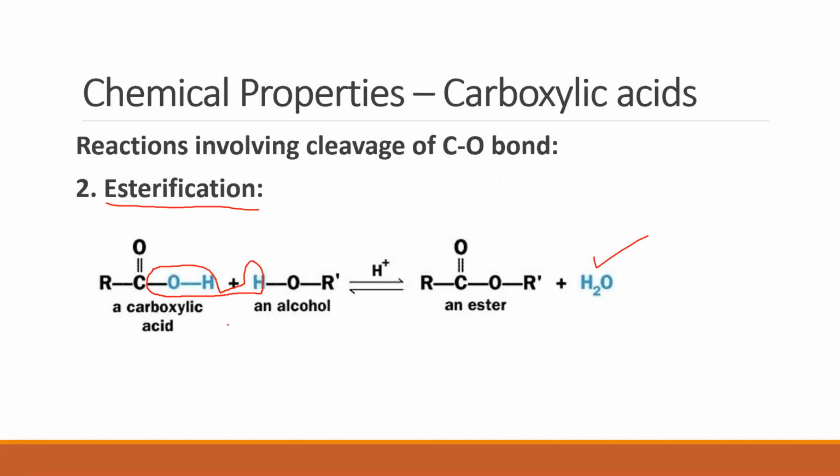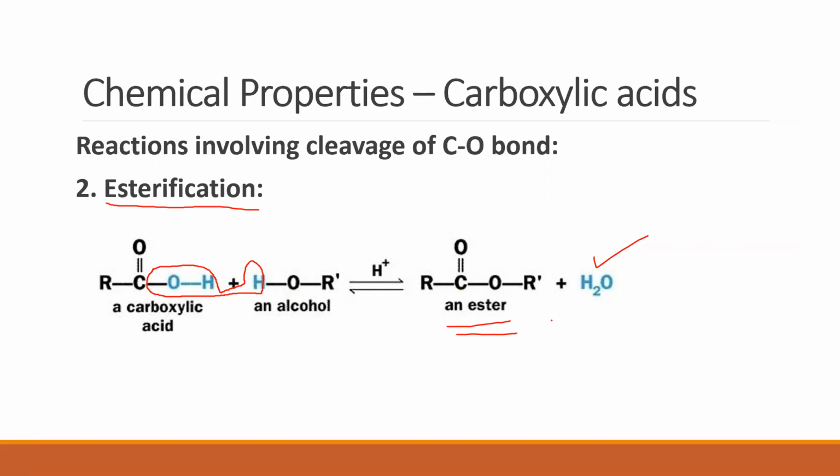Clear? So this is how it is removed. So the bond between C and O is broken in the carboxylic acid, and the subsequent combination of the two breakouts, RCOR dash, gives us an ester. So this reaction is called esterification reaction.